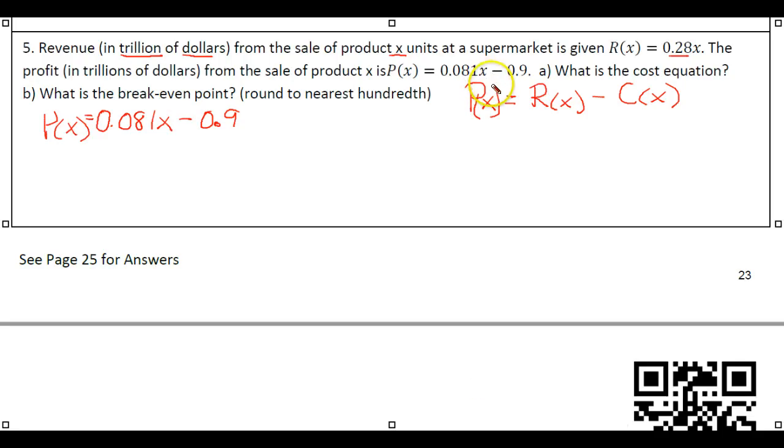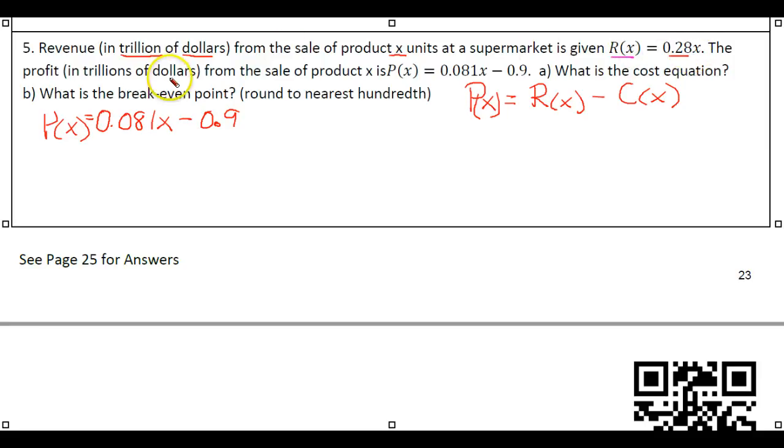For example 5, we're going to give you some background. Here we have revenue in trillions of dollars from the sale of X units at a supermarket, and this is the revenue function right there.